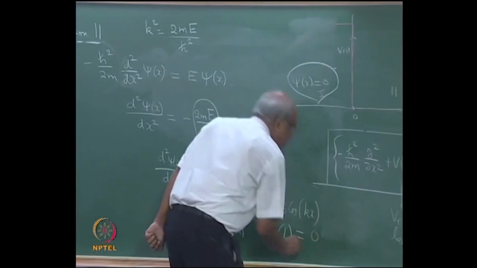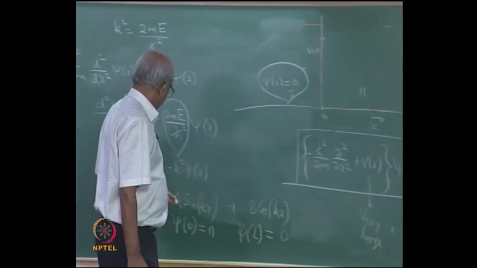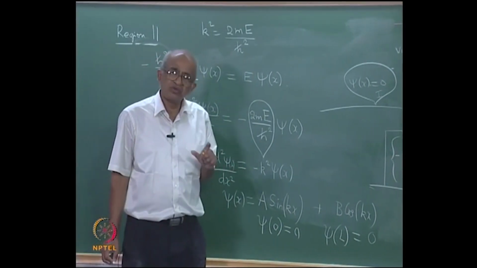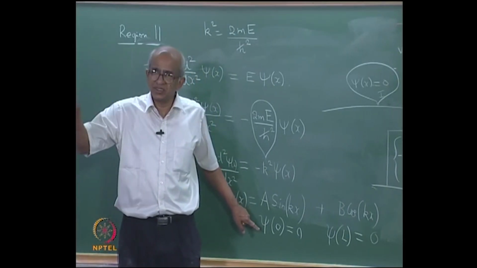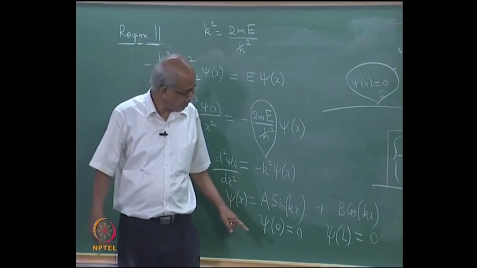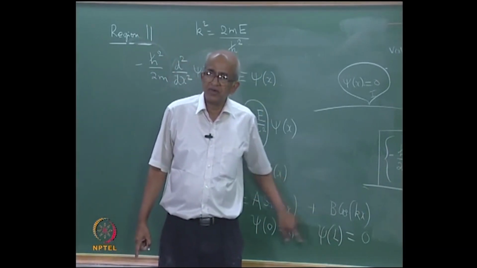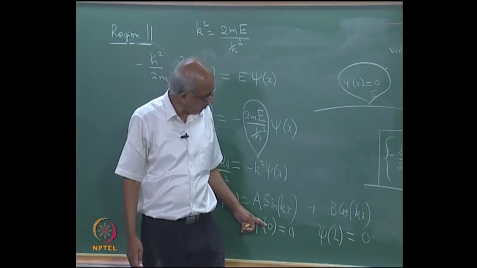In region 2, you have to solve this differential equation subject to two conditions. The conditions, notice, are at the boundaries of this region, and therefore these are referred to as boundary conditions that the wave function should satisfy, because they are at the boundaries of the box. So, at the boundaries, what should happen?